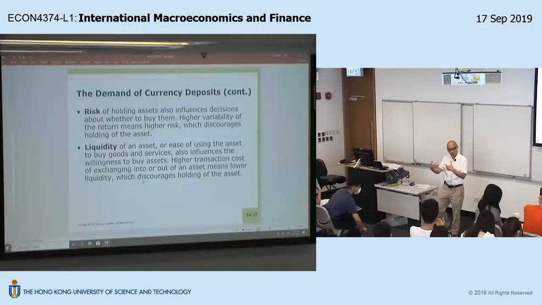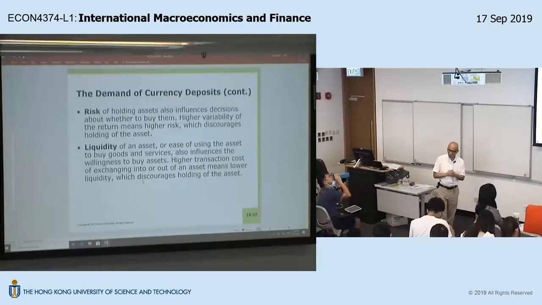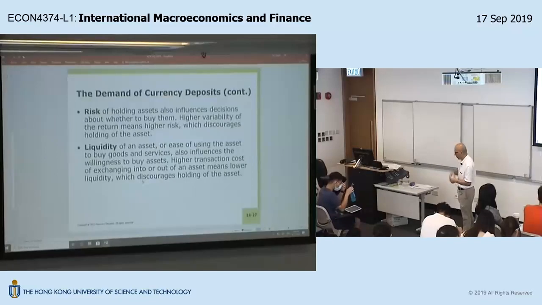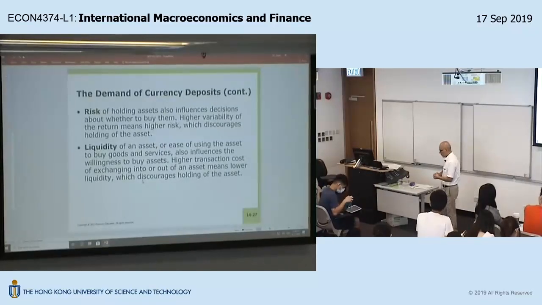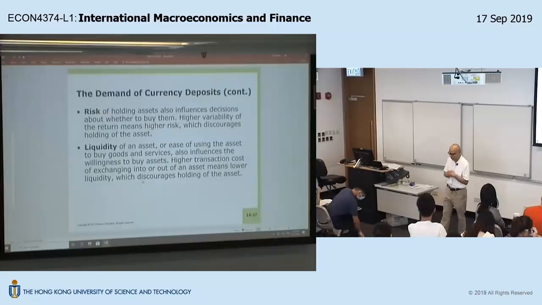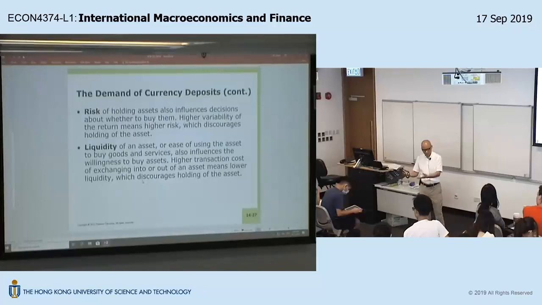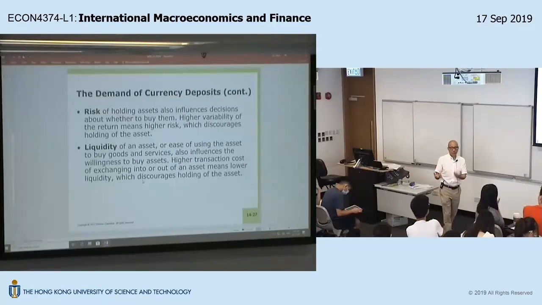So I have to convert the yen into Australian dollars and put it in a time deposit for, let's say, 1 year. After 1 year, it will earn some interest in the Australian dollar account, and then I have the option of exchanging the Australian dollars back into yen.